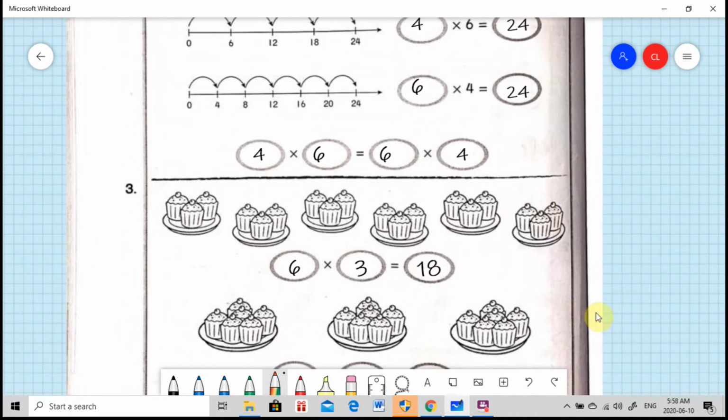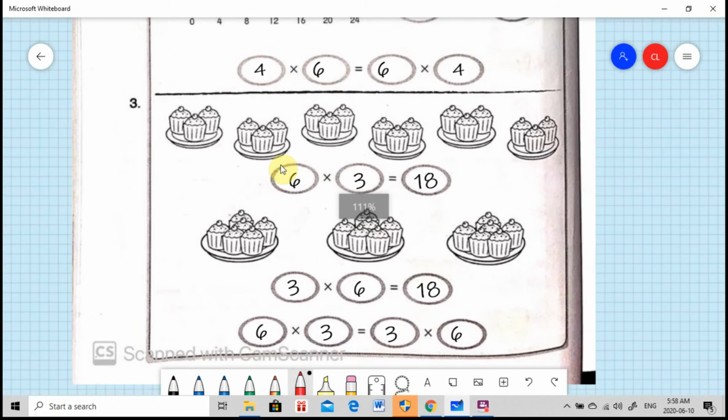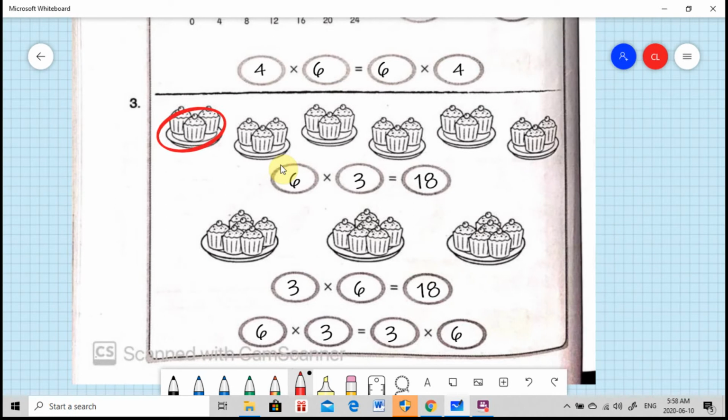What about this one? How many groups do we have here? We have 1, 2, 3, 4, 5, 6.